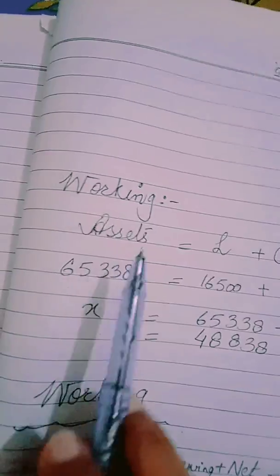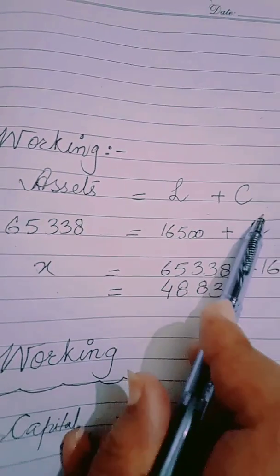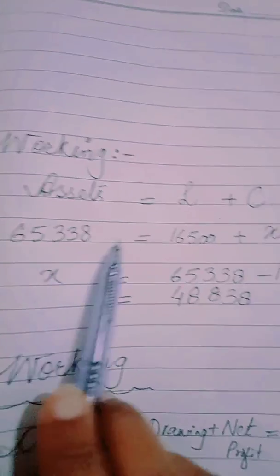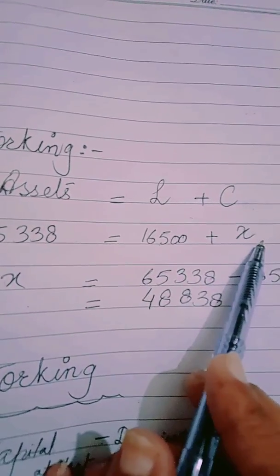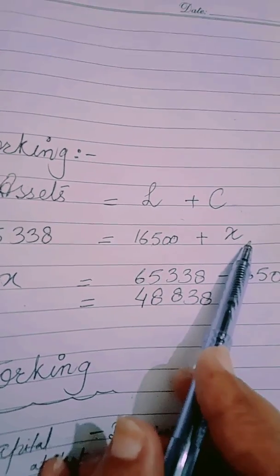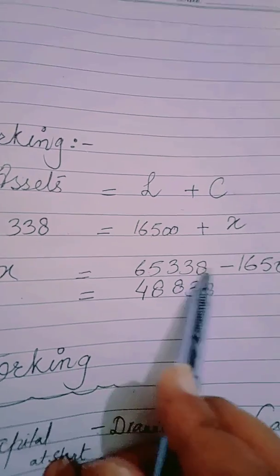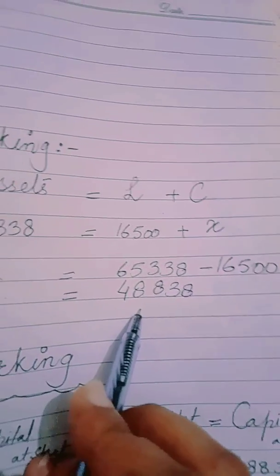Simultaneously, another working I would like to show over here. Working: assets equal liabilities plus capital. Assets we know, 65,338. Liabilities is 16,500 and x as usual is unknown. We need to find out this value, capital of x. X is equal to 65,338 minus 16,500. Answer is 48,838.